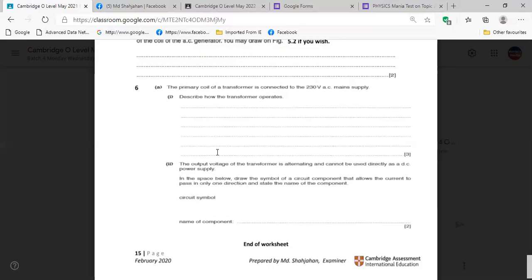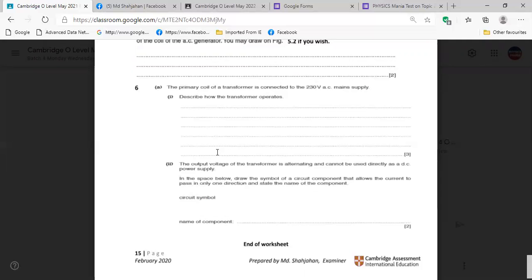The output voltage of the transformer is alternating and cannot be used directly as a DC power supply. In the second space below, draw the symbol of a circuit component that allows the current to pass only in one direction and state the name of the component.